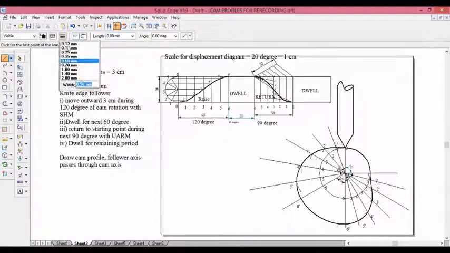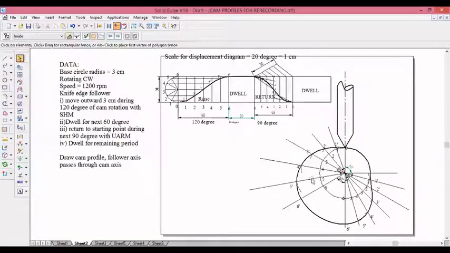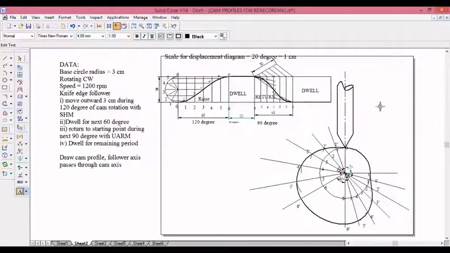Axis should be thin. So now you can do the namings. This is follower, knife edge follower, and this is the cam profile.